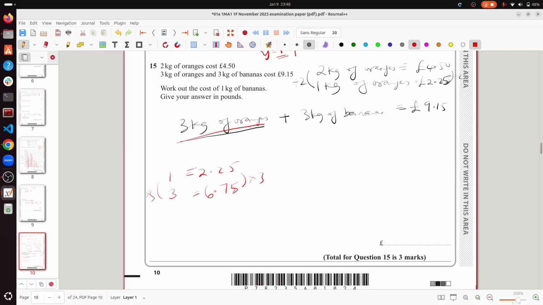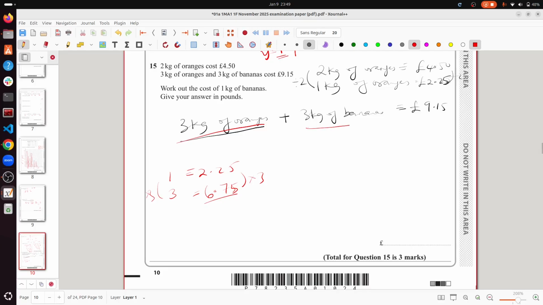So I've done that by knowing that 0.25 times by 3 gives me 0.75, and then 3 times by 2 gives me 6. So I've just added them together mentally. So I know that now 3 kilograms of oranges gives me £6.75.